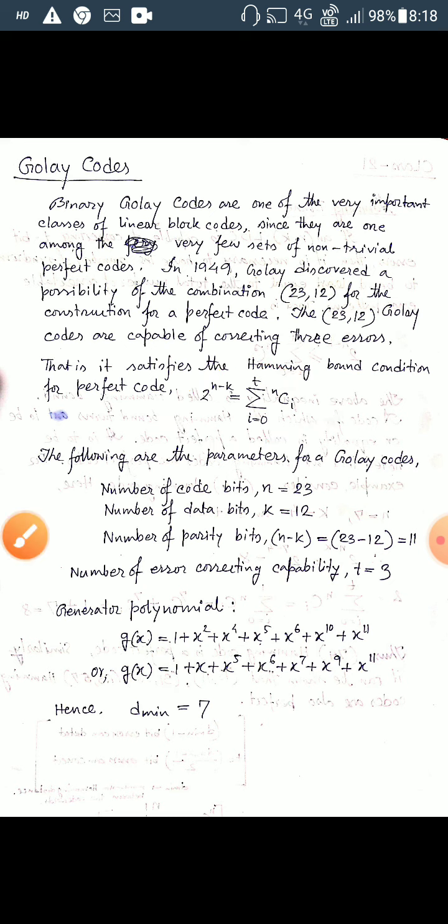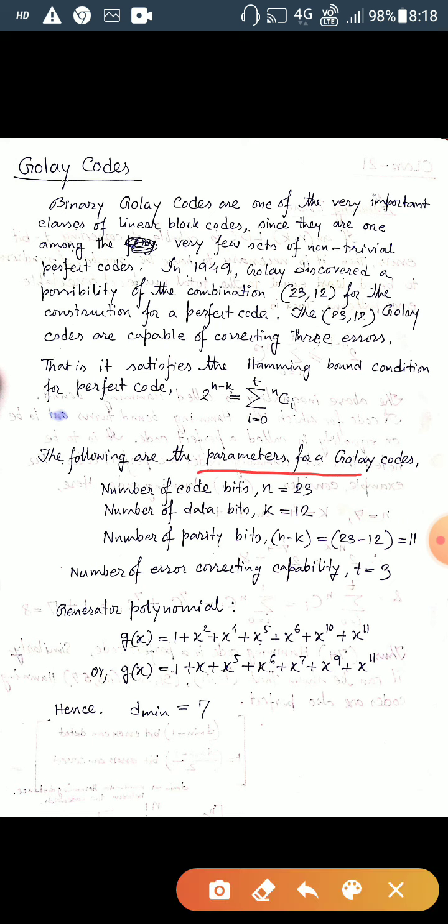We are just going through the parameters for the Golay code. Parameters for a Golay code: number one, n is 23, that is the codeword length, and k is equal to 12, that is the data bits or message bits. The number of parity bits should be n minus k, so this value will be 23 minus 12, that is equal to 11.